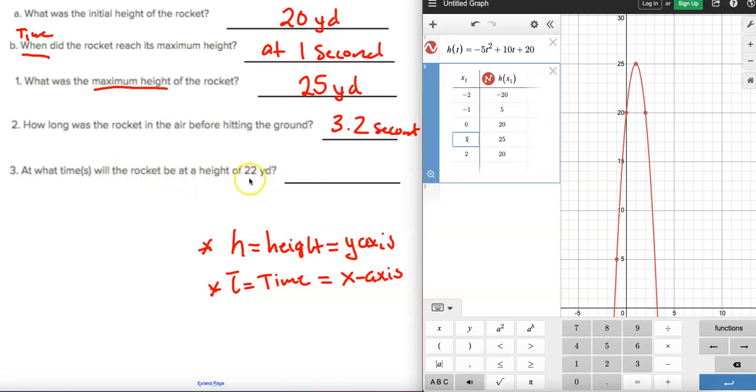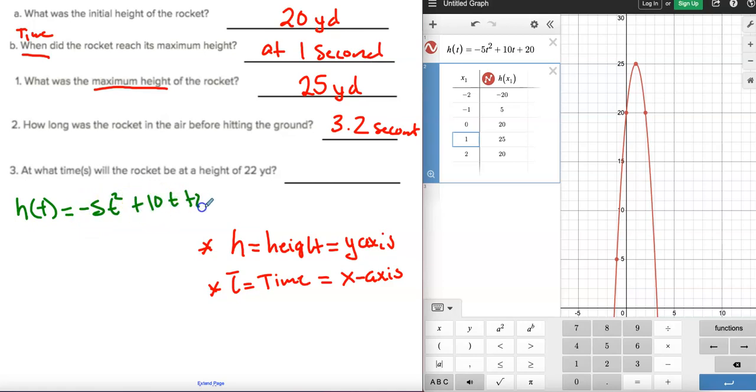There are several different things, and let me show you what they're saying. Of course, we know that the equation for this is h of t, where the height is a function of time, and we have negative 5t squared plus 10t plus 20.